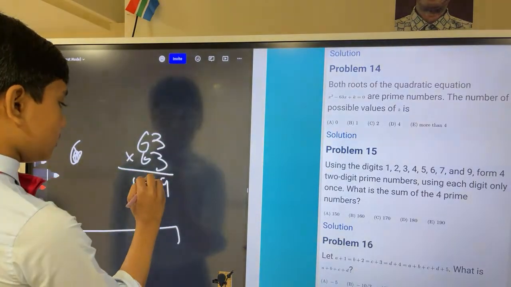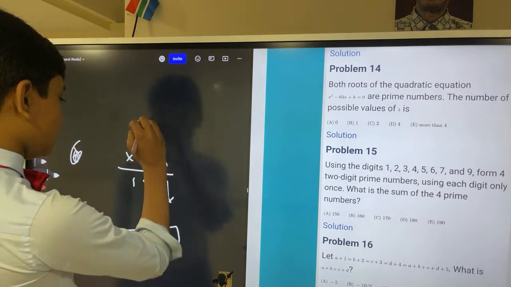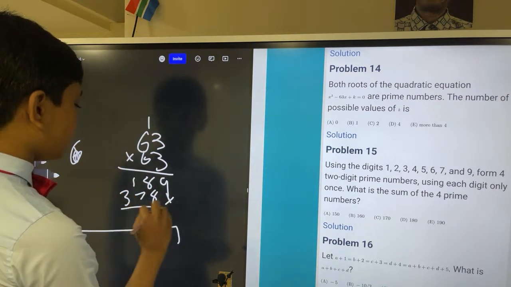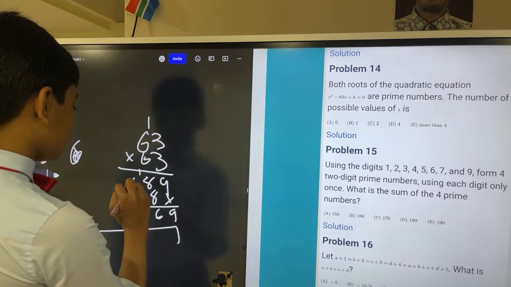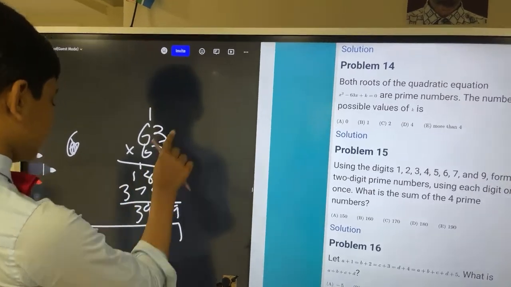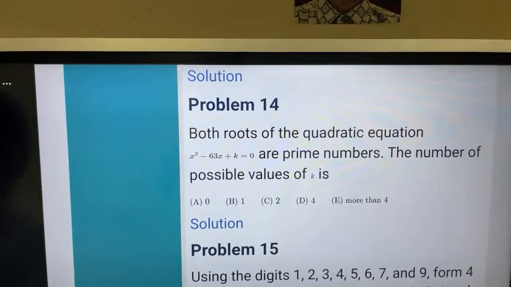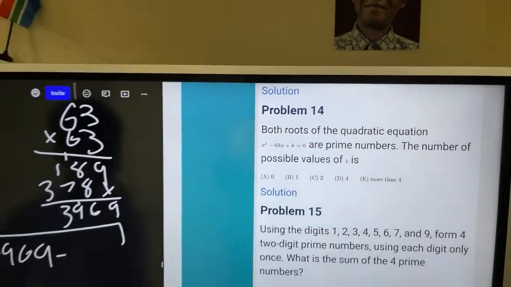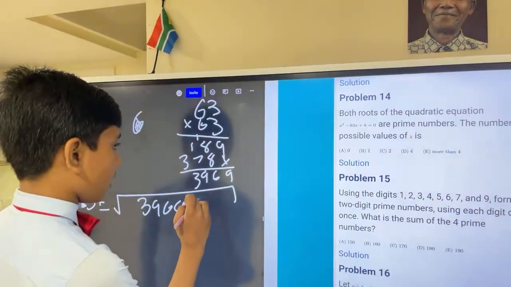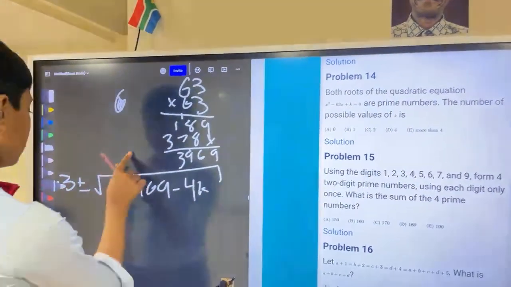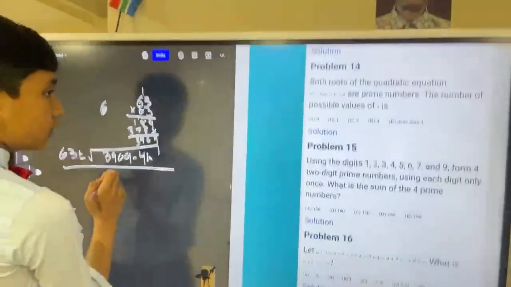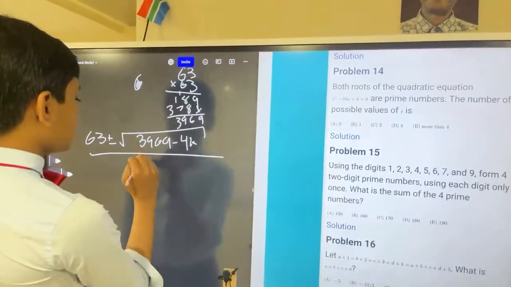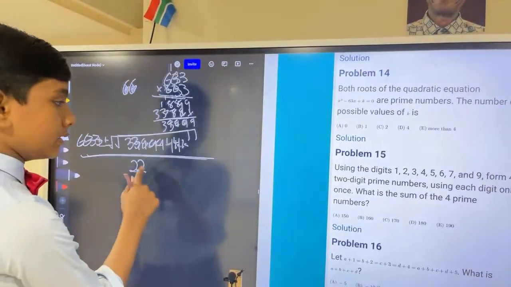63 squared is 3969. Minus 4k, over 2, is prime.